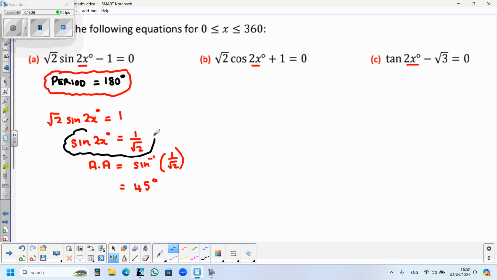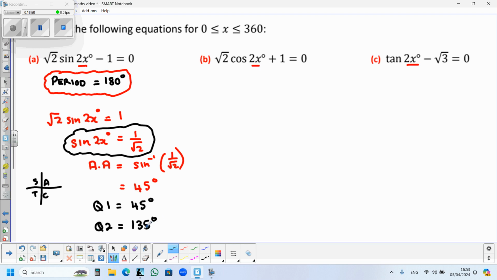So using a CAST diagram, where have I got answers? If sine is positive, I've got an answer in quadrant 1, and I've got an answer in quadrant 2. So in quadrant 1, it's 45 degrees, the acute angle. In quadrant 2, it's 180 minus 45, which is 135 degrees.